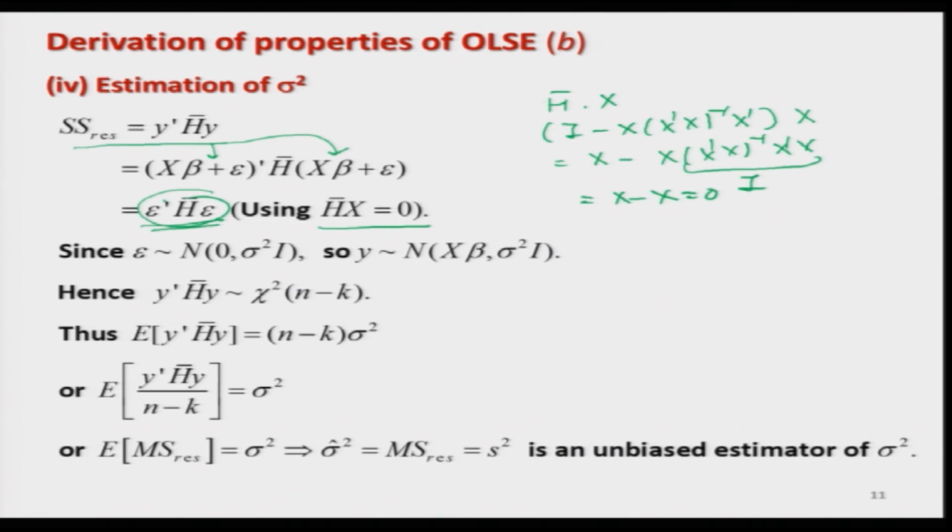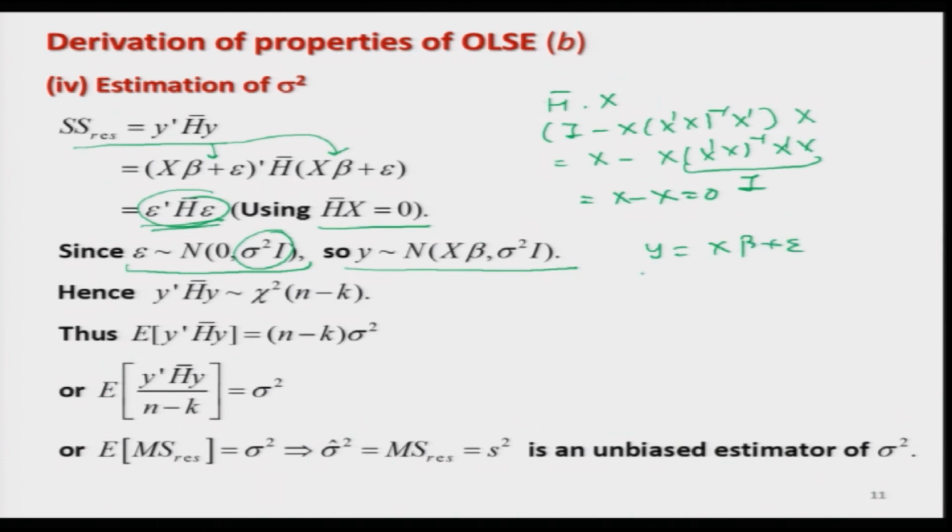And now we need to use some distributional properties. So now we are trying to associate the probability density function. We assume that epsilons follow a multivariate normal distribution with mean vector 0 and covariance matrix sigma square I. So y will also follow a multivariate normal distribution with mean vector x beta and covariance matrix sigma square I. Why? Because y is something like x beta plus epsilon.